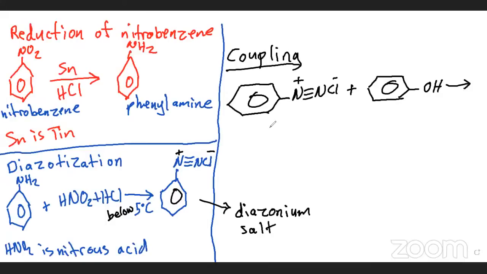So in this one now, we're basically going to join up the phenol with the diazonium salt. All you need to do is draw the structure and remember your reagents. After coupling, you will have nitrogen double bond nitrogen. We're going to attach it to carbon number 4 of your phenol.